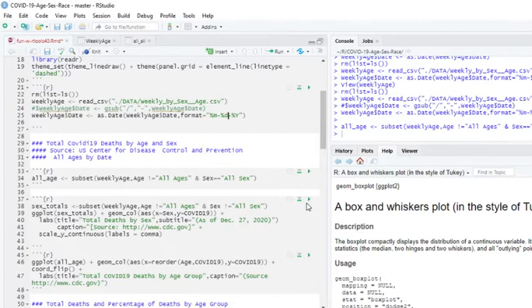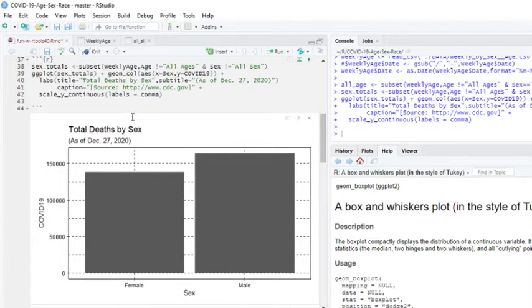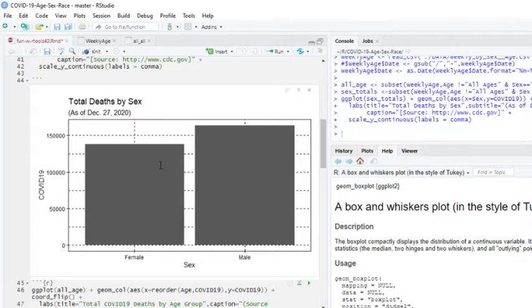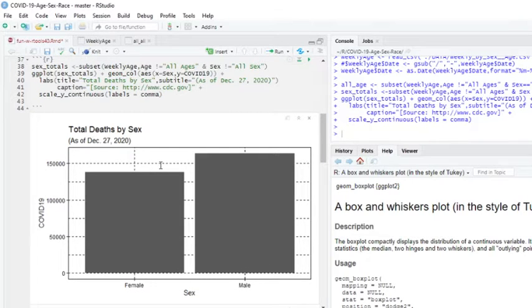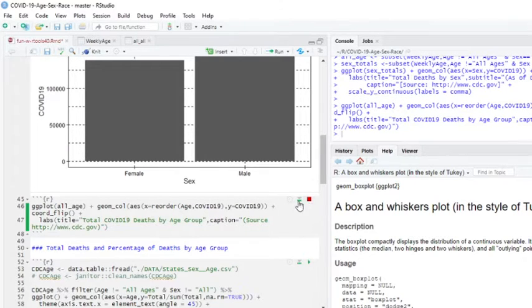Let's run that. What you can see is that males continue to have more COVID-19 deaths than females. So now let's look at this a little differently.